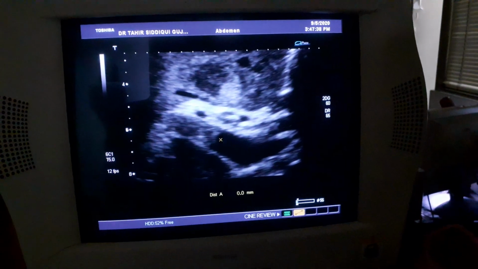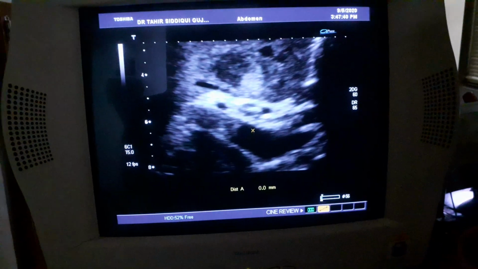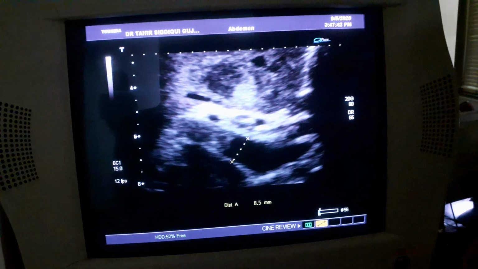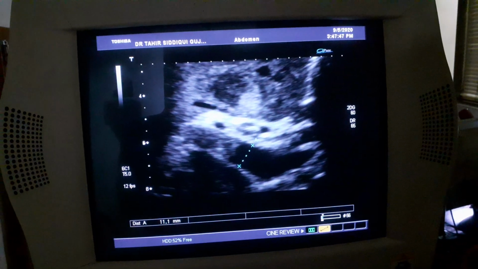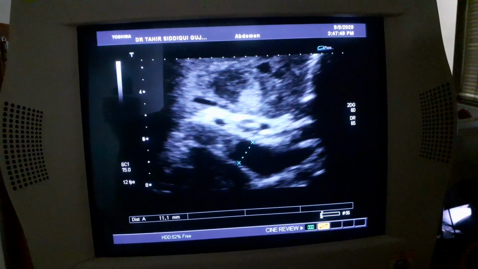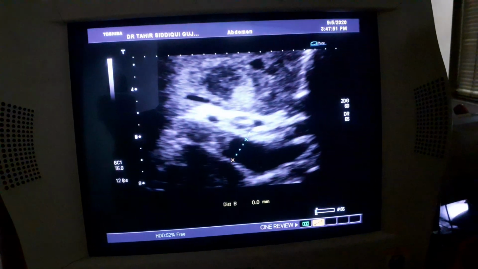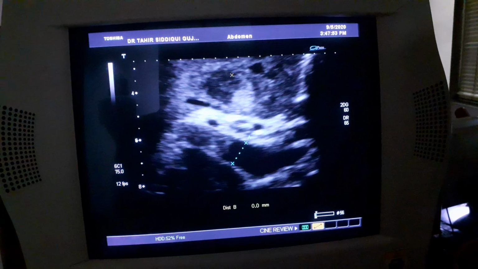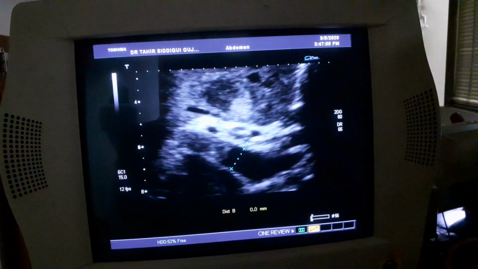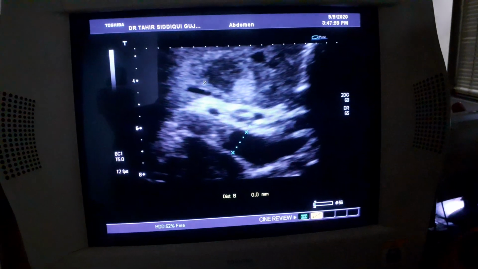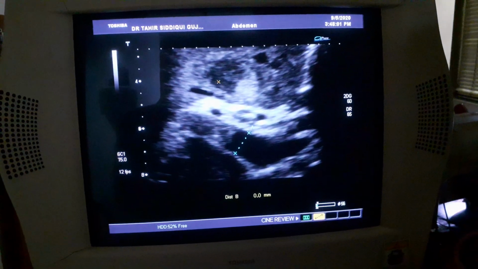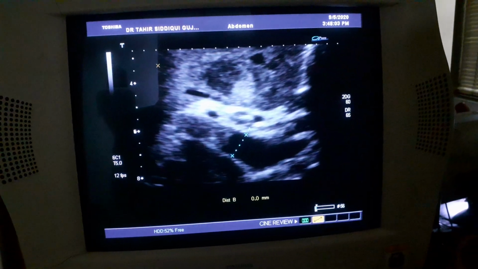Portal vein is dilated, measures approximately, no, it's not dilated, it measures 11.1, and normal is up to 13 millimeters. Now there is another focal lesion, hypoechoic, with no posterior shadowing, ill-defined, and this is a mass in this region.